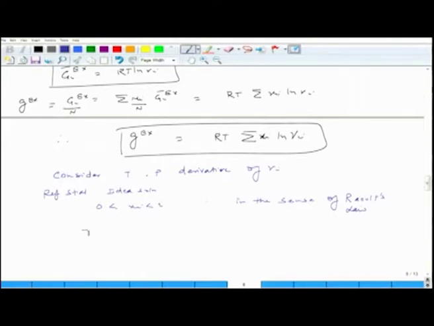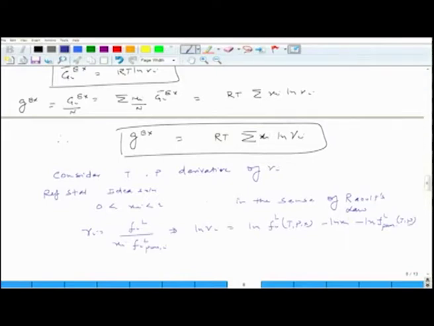So I can write gamma_i as f_i^L over x_i f_i^L of pure i. When you consider this, we use this f_i^0 as nothing but f^L of pure i. So essentially I can write ln gamma_i as ln f_i^L(T, P, x) minus ln x_i minus ln f^L of pure i(T, P).